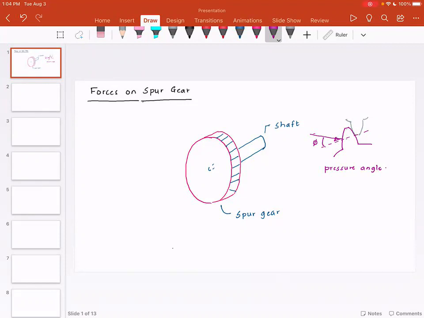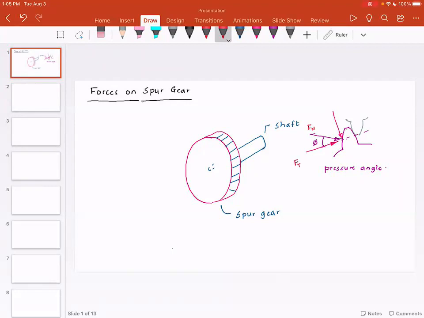Now, when you have a force which is inclined, it will have two components. You are going to have a component in the horizontal direction, and a component in the vertical direction. So I'm going to specify this as Fn.